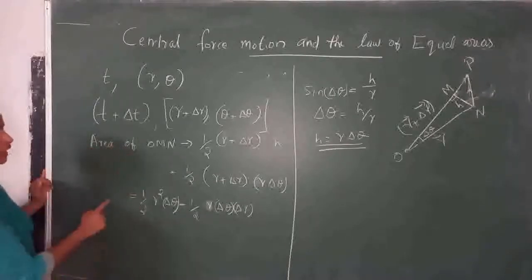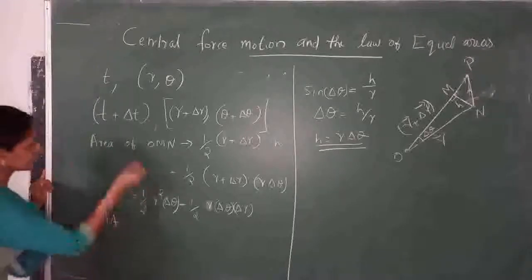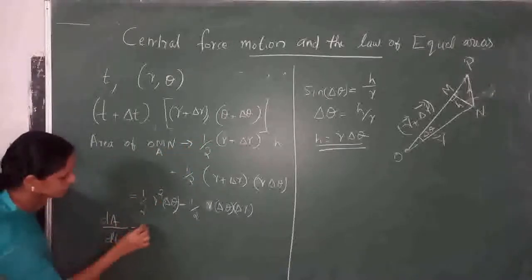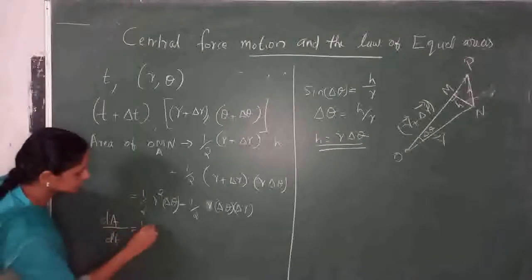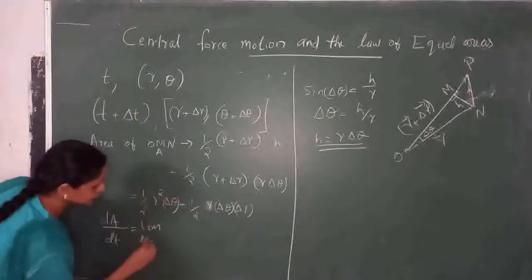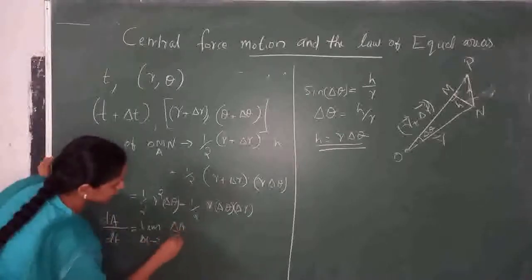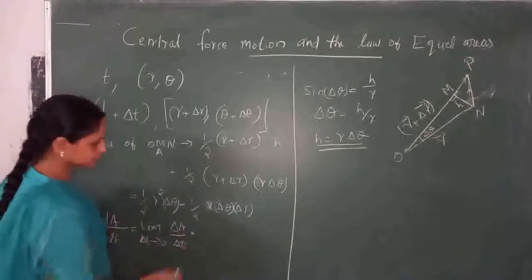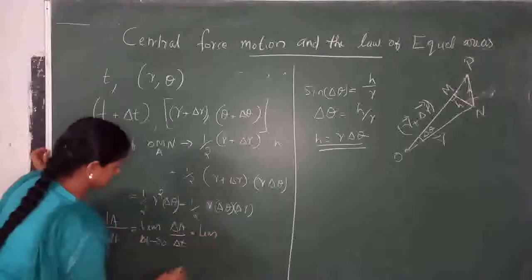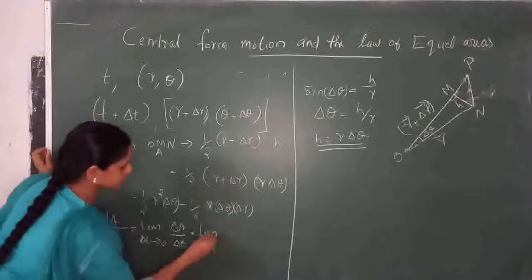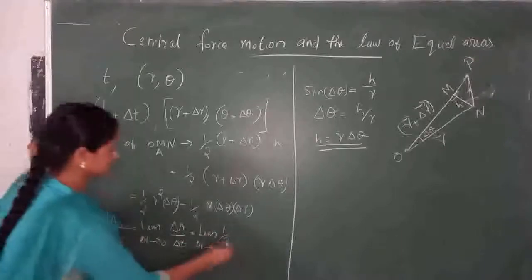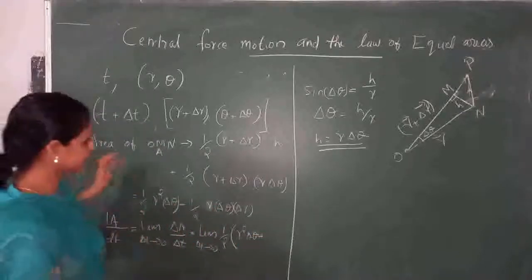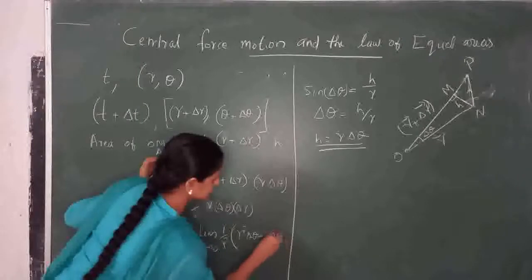We can represent the area as A. So dA by dt is given by the limit as delta t tends to 0 of delta A by delta t, which is equal to the limit as delta t tends to 0 of half into, taking half outside, r square delta theta plus r into delta theta delta r.